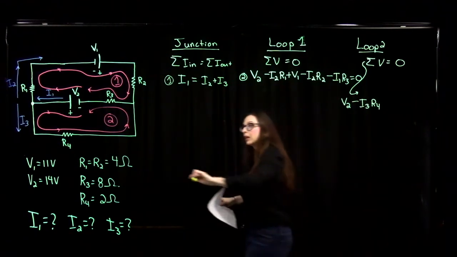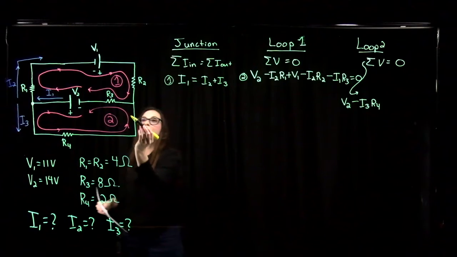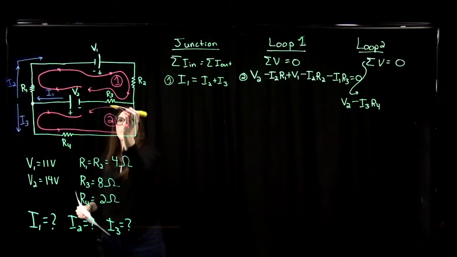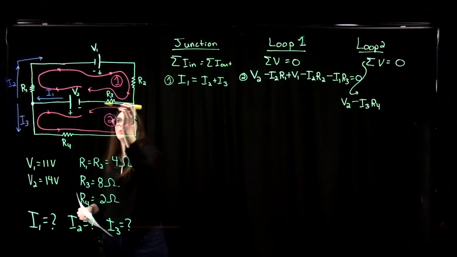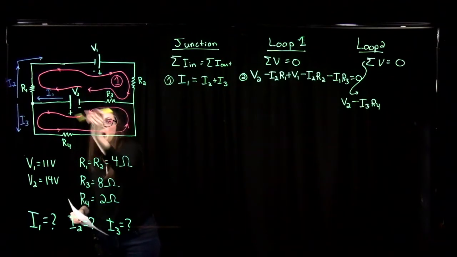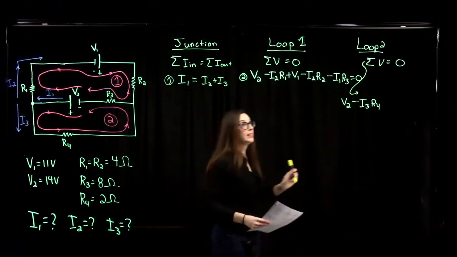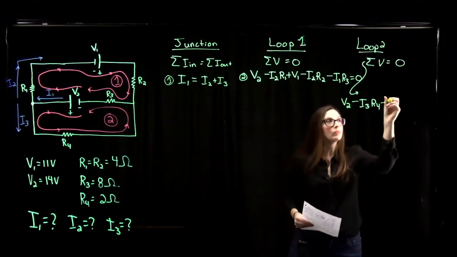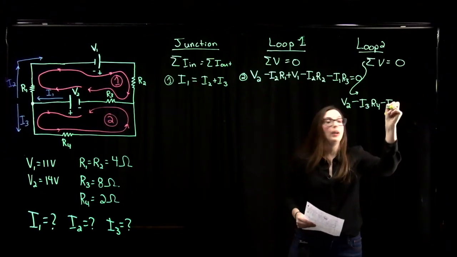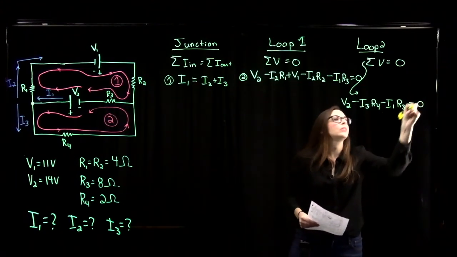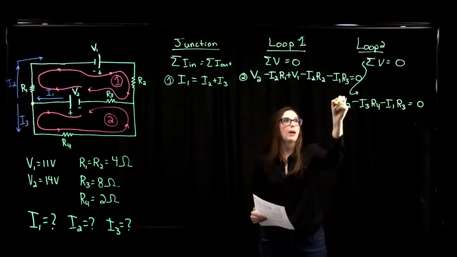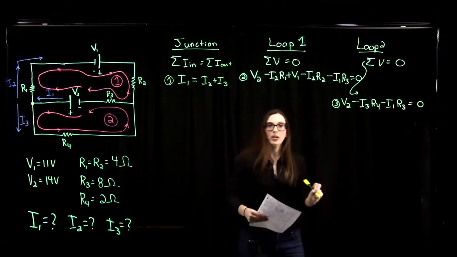And then I'm going to come up here and I have to finish my loop by going back through resistor 3. When I pass through resistor 3, I'm moving in the direction of current I1, so I decrease my potential, minus I1 R3. And that has to equal 0. This is my equation that I'm going to call equation 3.